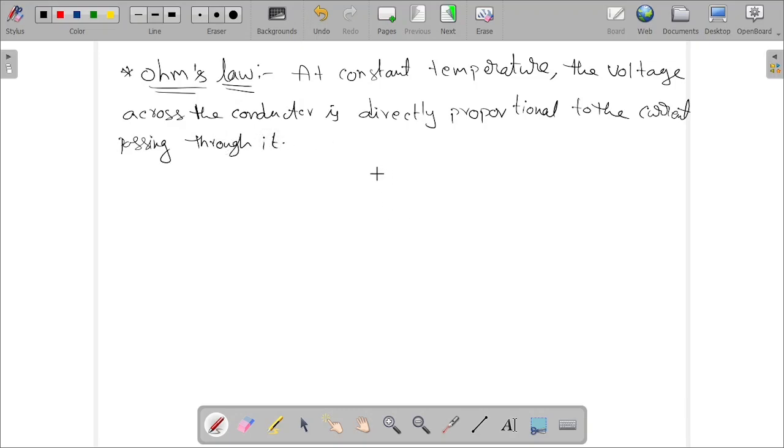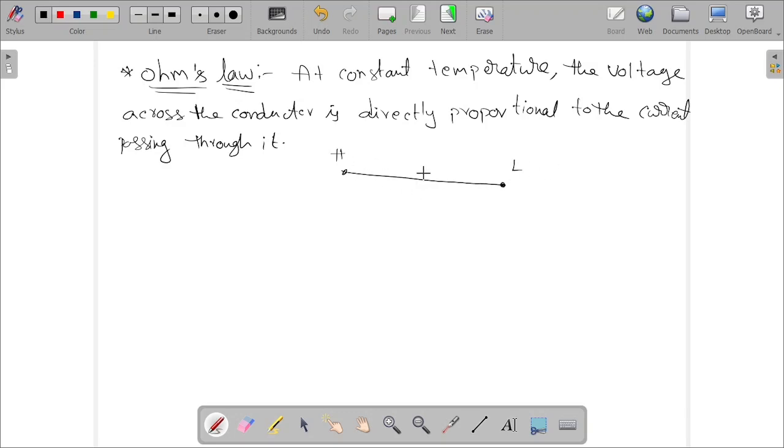So let's consider a conductor, let it be called a resistor also, no problem. Between the two ends there is a potential difference. As we already discussed, current always moves from high potential to low potential.